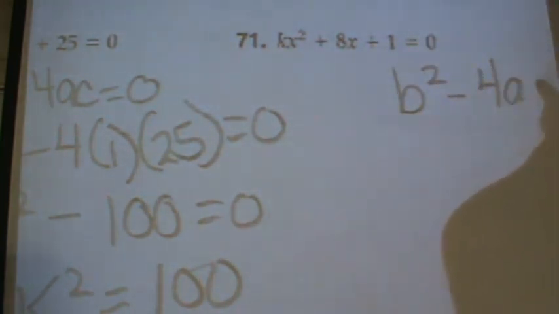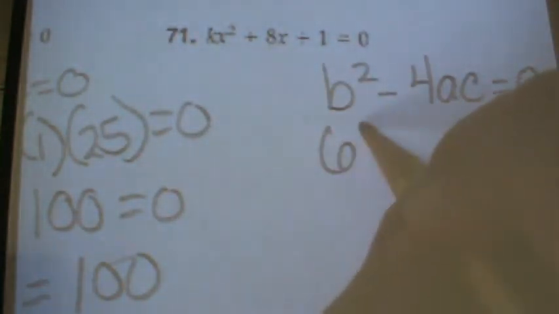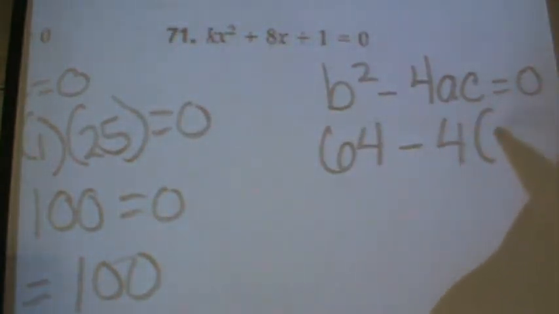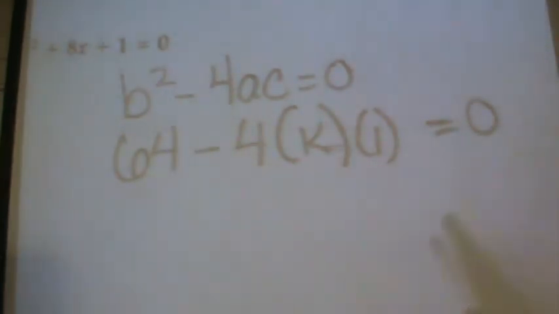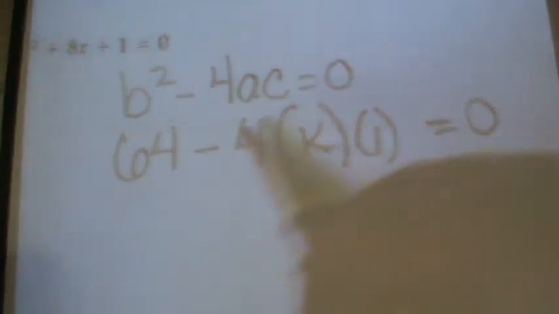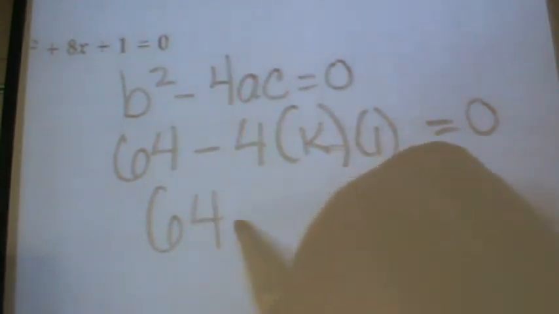Same with this one, but instead of b being k, what's k? A. So b squared, which is 64, minus 4 times k times 1. How do I solve for k now? 64 minus 4k. You could subtract 64, or what is this all equal to? 4k.